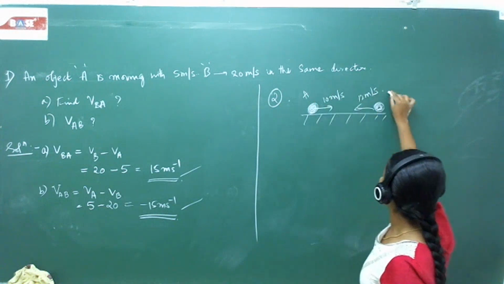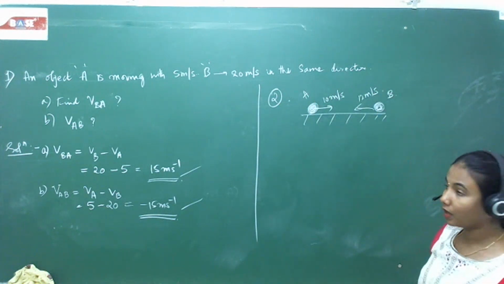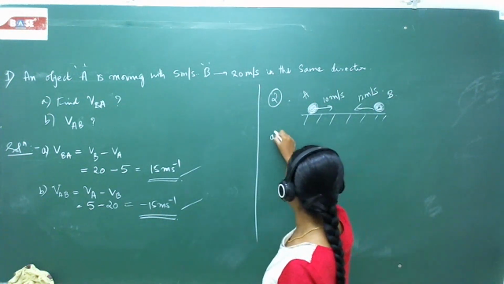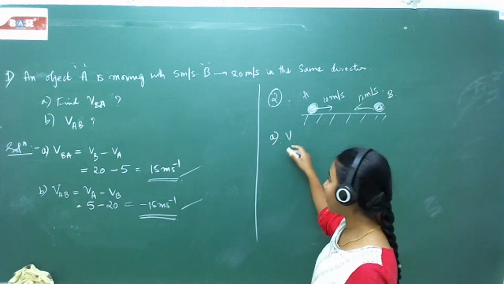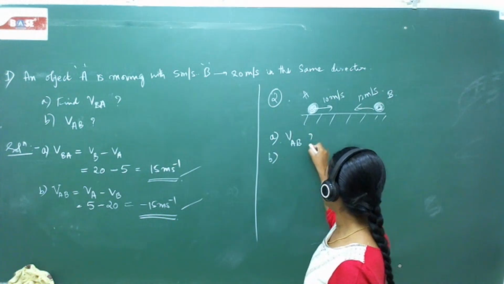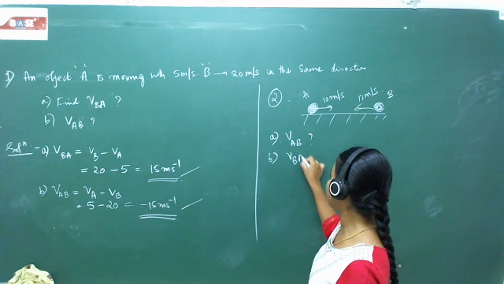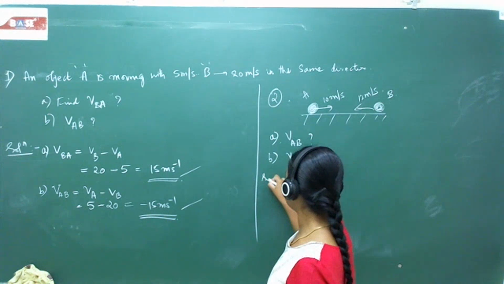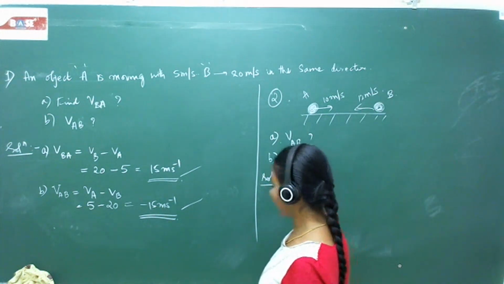So this is A and this is B. The first part of the question is to find the velocity of A with respect to B, and second, find the velocity of B with respect to A.